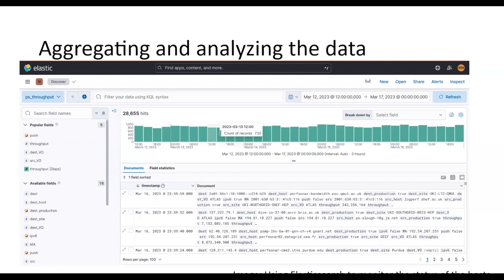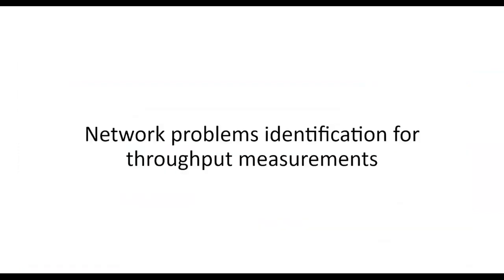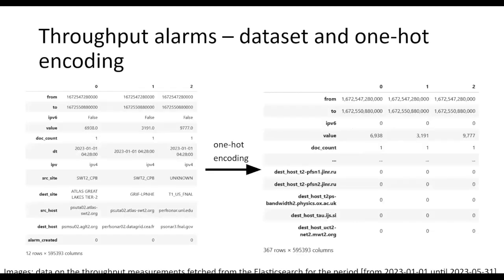And we are slowly getting to the next part, which is network problem identification using ML for throughput measurements. On the left here, you can see the data sets more specifically, which we are getting from Elasticsearch. You can see some useful information about when the measurement was taken.